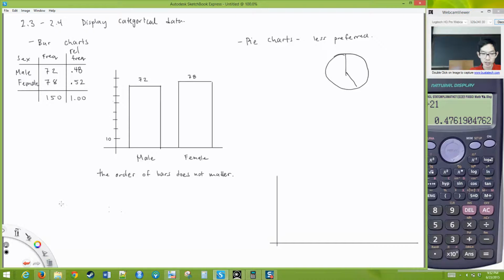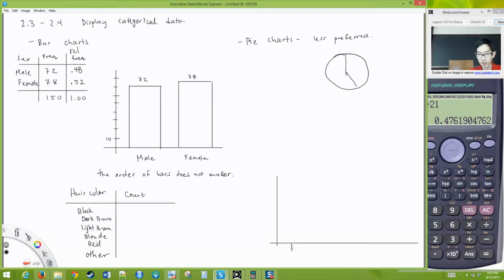So maybe we looked at hair color. And so we have black hair, I don't know, maybe we'll have dark brown, light brown, blonde, red, other. Okay? And then you have numbers here, okay? The count or frequency.